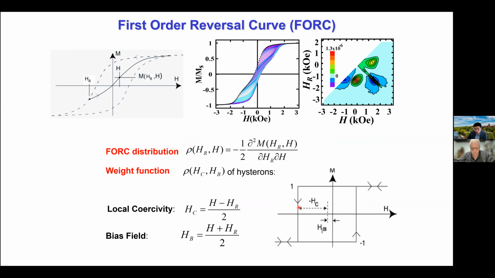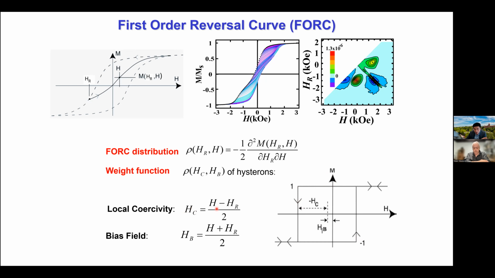And then you just need a switch-down field and a switch-up field to characterize each one. So the way we do the FORC measurement, for example, is to bring the field to a particular reversal field. Imagine now we have switched down a set of the hysterons that have a switch-down field in this range. Now, as we measure back up, we are switching back a subset of the previous hysterons that have already reversed. So in essence, we just need a switch-down and a switch-up field to characterize.